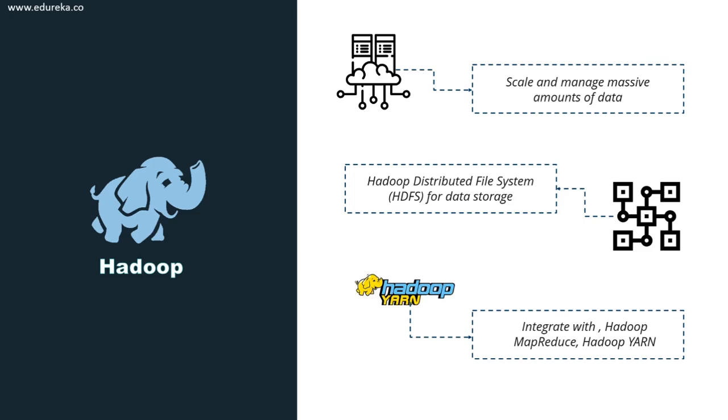Now, parallel computing is a very advantageous feature when it comes to Hadoop, right? There are thousands of clusters, and each cluster will perform its own processing, data analysis, and all of that. Another feature is that it provides the functionality of other data processing modules such as Hadoop MapReduce, Hadoop Yarn, and so on. So you can integrate this with Hadoop MapReduce and Hadoop Yarn.